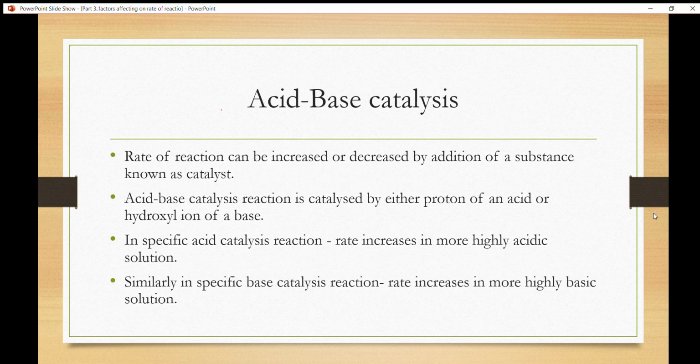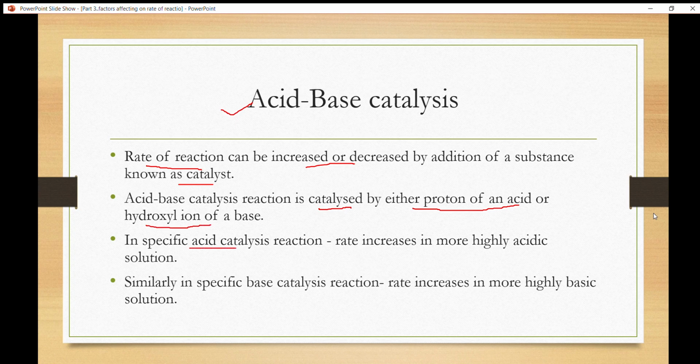The next factor is acid-base catalysis. The rate of reaction can be increased or decreased by the addition of a substance known as a catalyst, and the reaction is known as catalysis. An acid-base catalysis reaction is catalyzed by either the proton of an acid or the hydroxyl ion of a base.